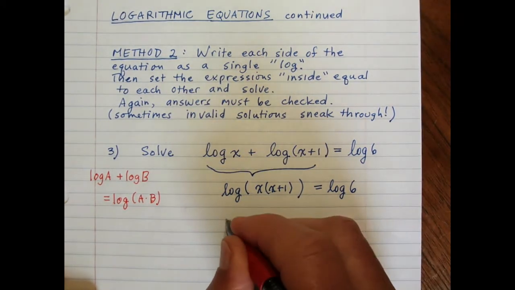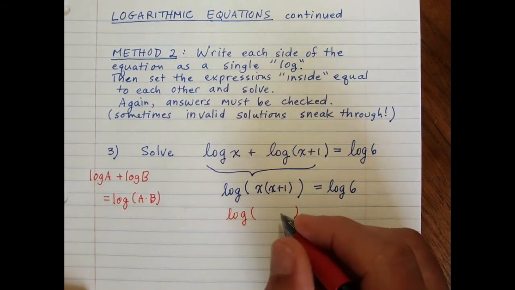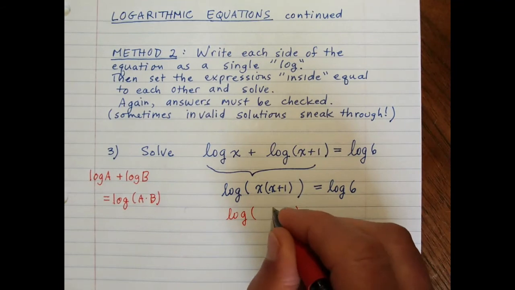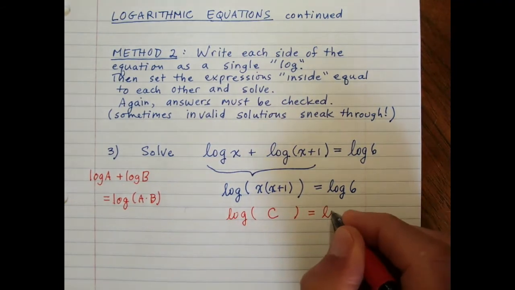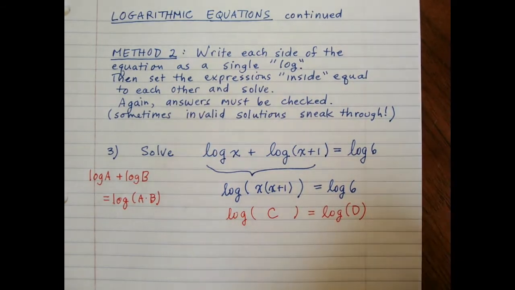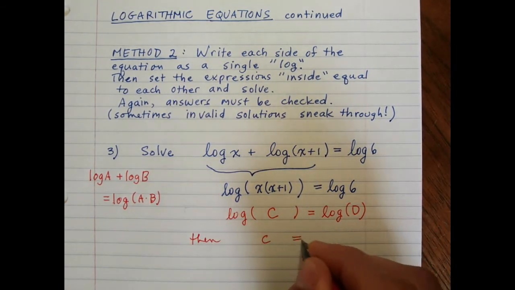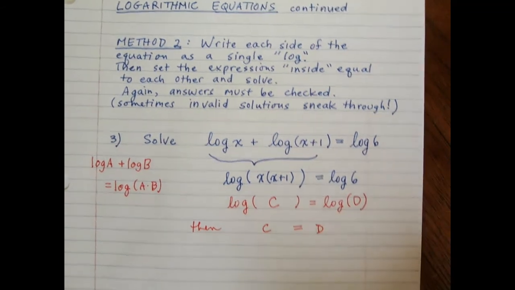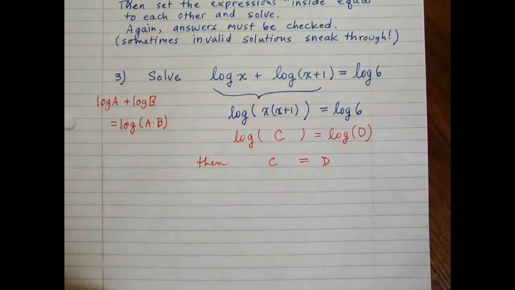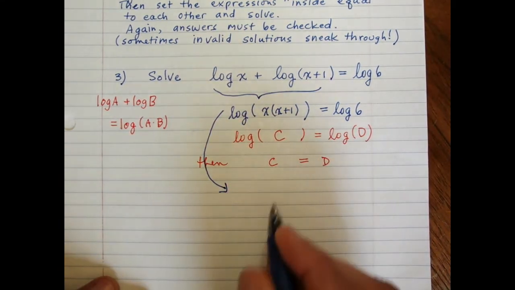So if log of, I guess I got to use some other letters here, I'll say log C equals log D. Then what we can do is we can just set C equal to D. What's inside has to be equal to each other, or you don't have to write that down, of course, each time.